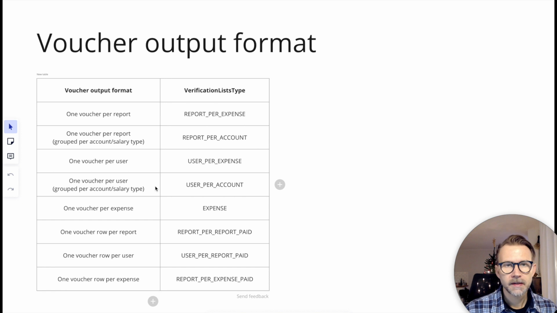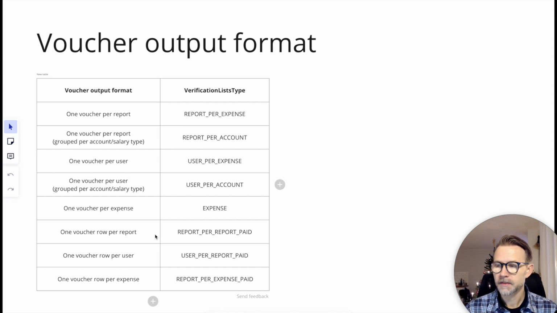And as the aggregated version, we can do the grouped and aggregated option on the user voucher structure. Then we have one voucher per expense. Then you get one voucher for each expense that is created.